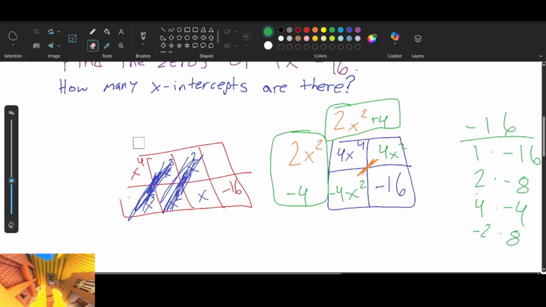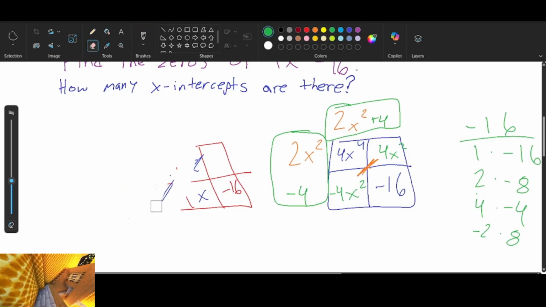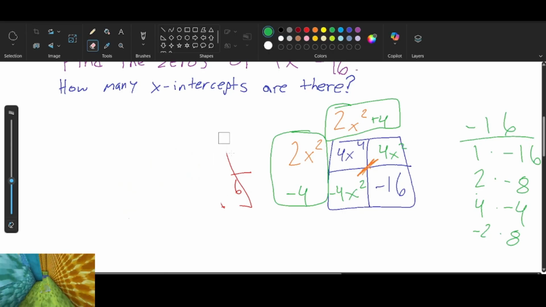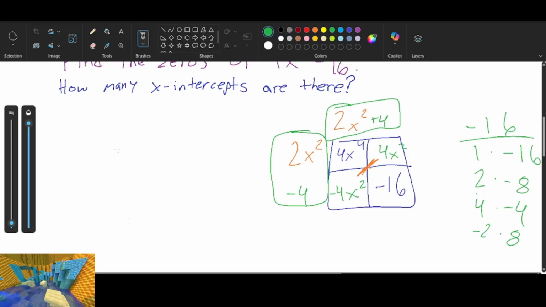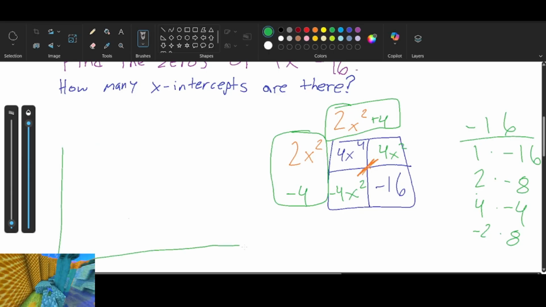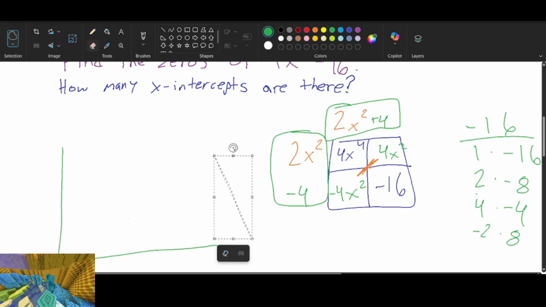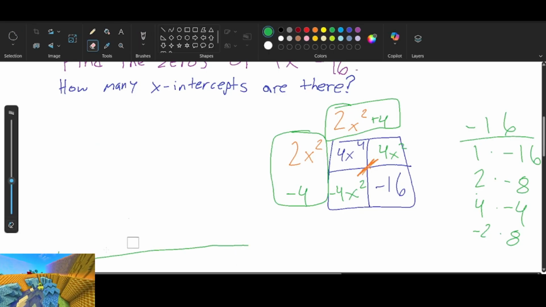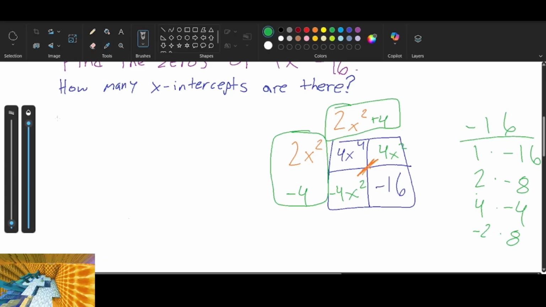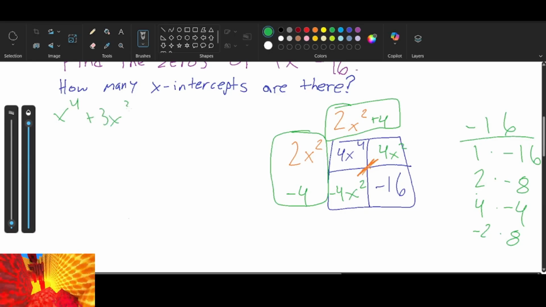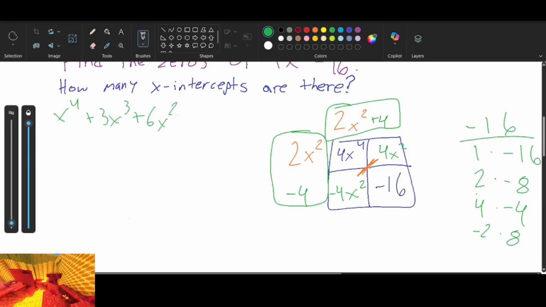Let me erase my box. I'm sorry if my explanation of why I can do a 2x2 was a little rough. Really, the only time you actually need to do a full entire 4x4 or 4x2 box is if you were given an equation that was like x to the fourth plus 3x to the third plus 6x squared minus x plus 5.